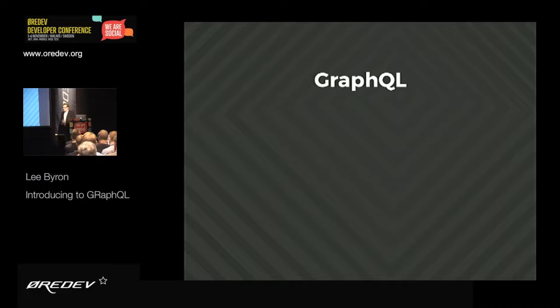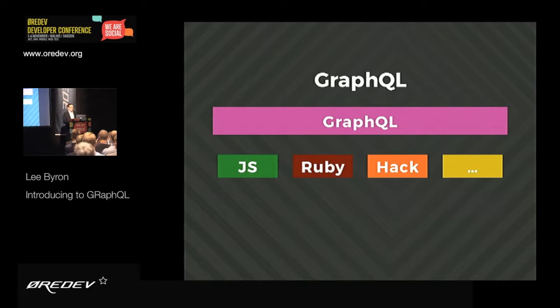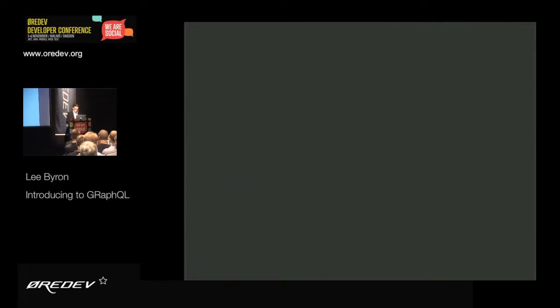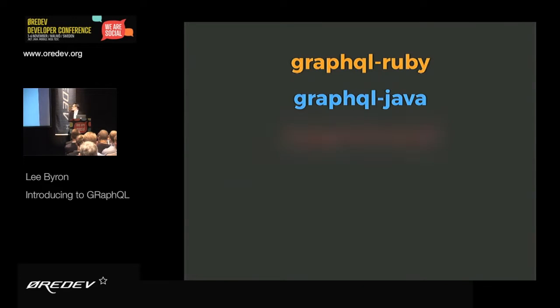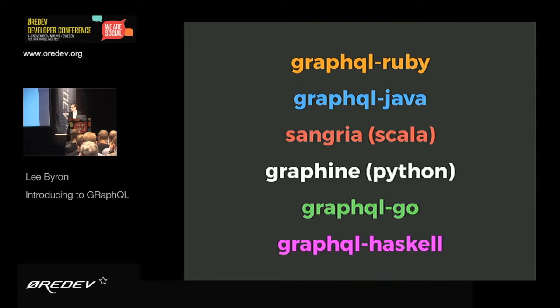And we see GraphQL as a thing that can become a horizontal platform. It can tie together, regardless of what programming language you're using, what storage engines you're using. You can build on top of these things with one thin API that works on many different clients and many different servers. And the community response to this has been awesome. We've seen versions in Ruby, Java, Scala, Python, Go, Haskell.